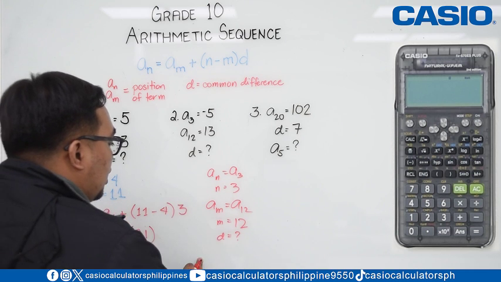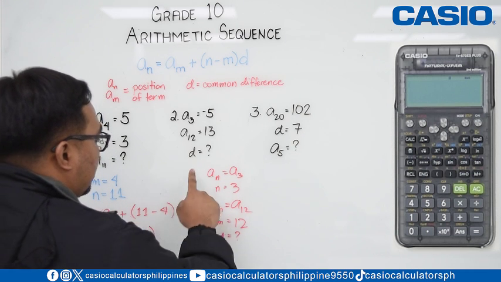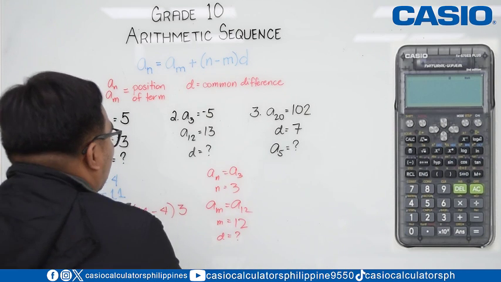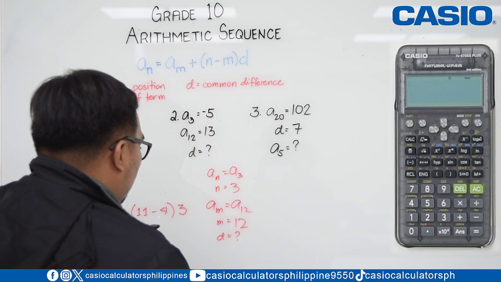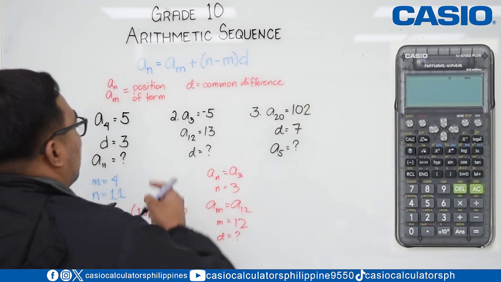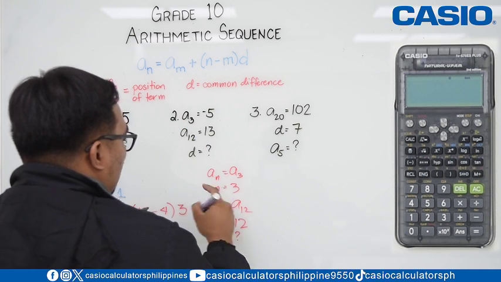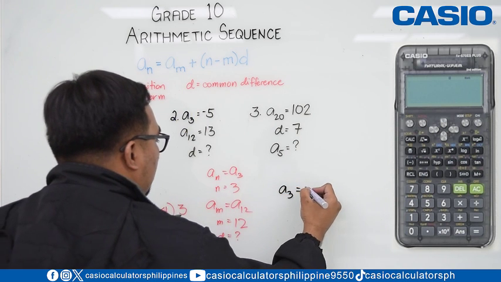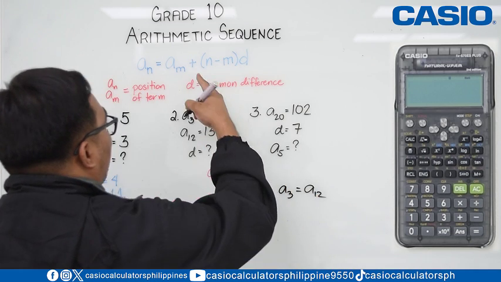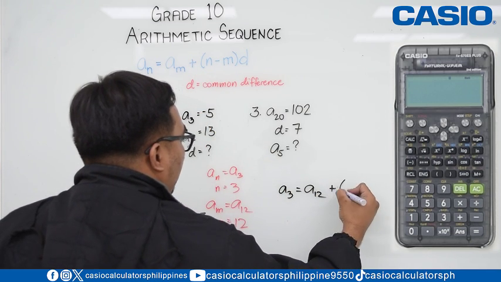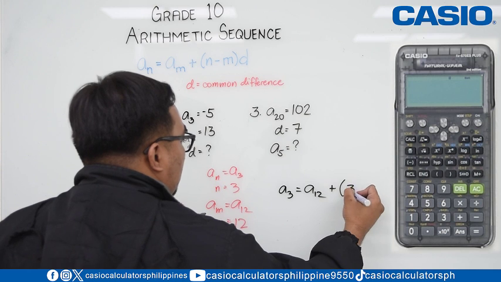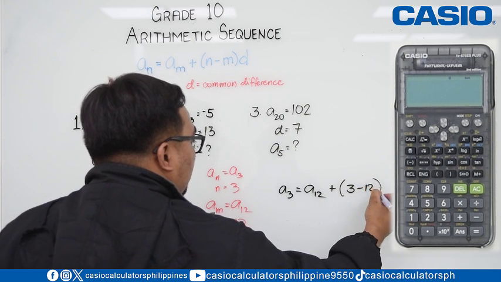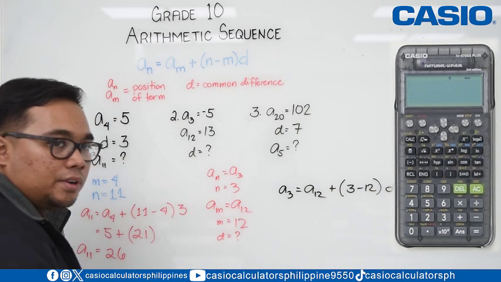Now, if we use our equation right here and our given values and substitute them in our equation, it will look like this. a sub n will be a sub 3, and then a sub m will be a sub 12. Then we have plus our value of n is 3, and then our value of m is 12, and we are looking for the common difference.